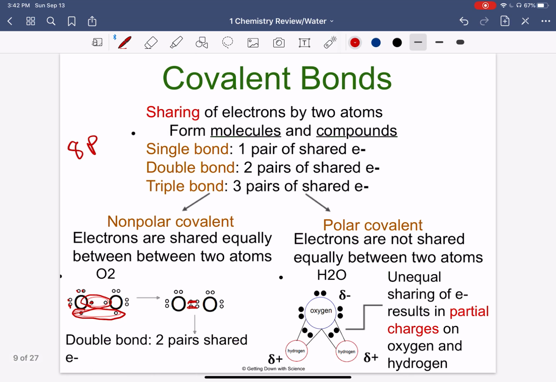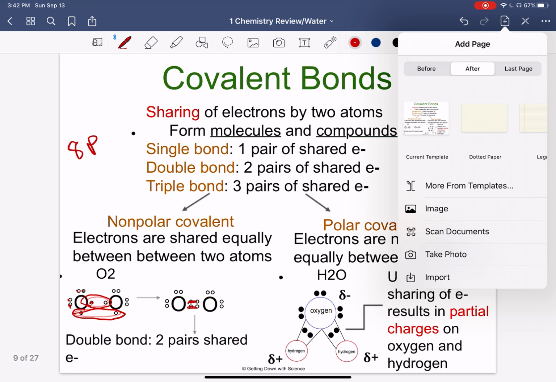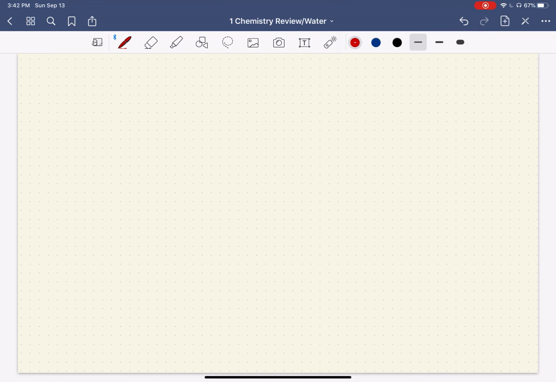Let me show you something here. We'll look at carbon. Carbon has 6 protons, so it goes 1, 2, and then 1, 2, 3, 4. Now, if it wanted to share its electrons with something like hydrogen, that's all cool. It can share 4 electrons with 4 hydrogens.